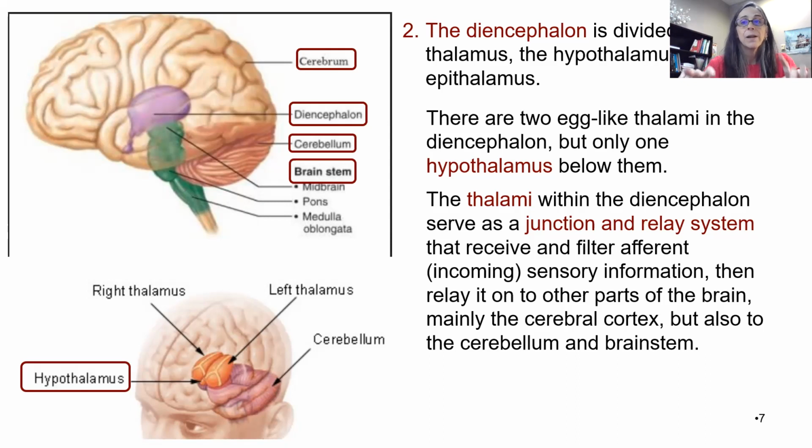All that stimuli will go straight through the thalamus and then get rerouted to the proper part of the cerebrum that it needs to go to. Anything else? It is also considered the most superior portion of the brainstem. However, in class we're going to see the brainstem as a completely different region.